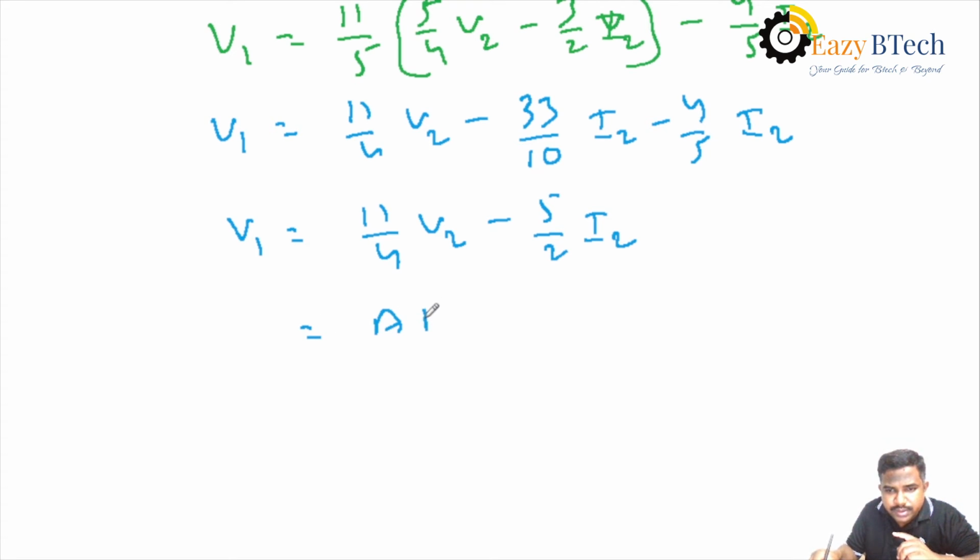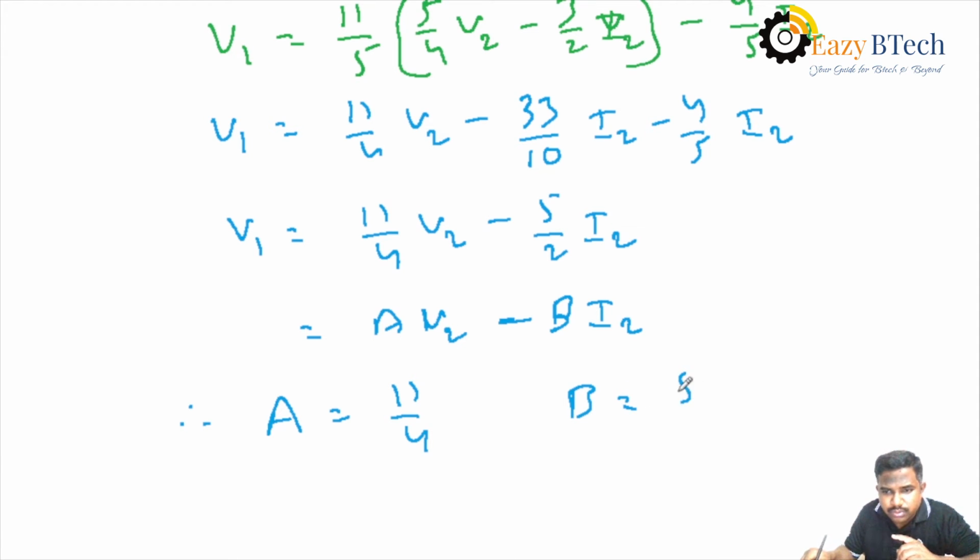We have to compare with A into V2 minus B into I2. From that, we find the values of A equal to 11 by 4 and B equal to 5 by 2.